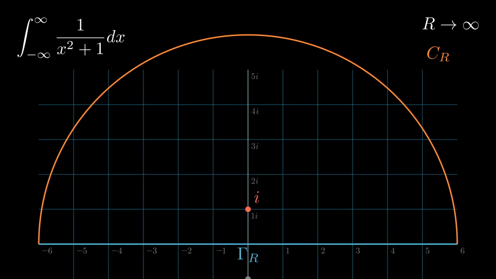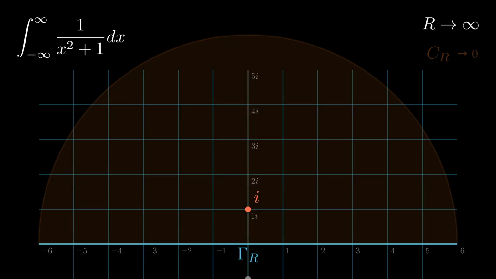After that, we proved that the integral over CR will go to 0, so the integral over this contour is negligible, and at the end of the day, we proved that our starting integral was equal to the residue of the function at i, which was only pi.